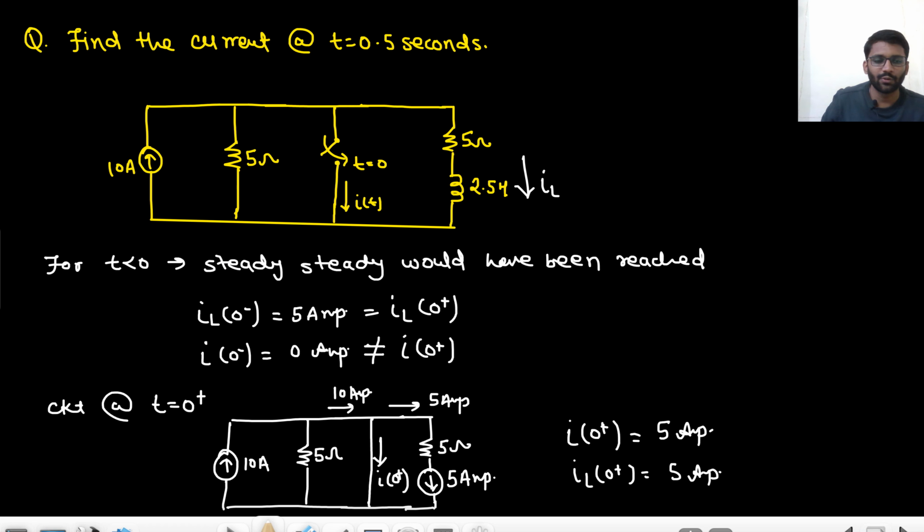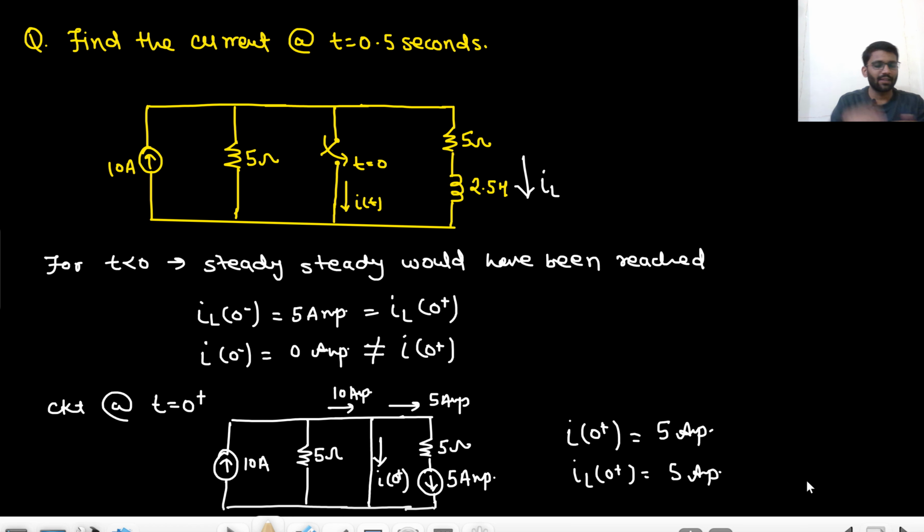What did we do in this problem? Simple problem. First we needed to solve for t less than 0. For t less than 0, the switch was open, so at steady state it will be having 5 ampere current. Now this 5 ampere current in the inductor will be carried forward. So at t equals to 0 plus, here I am having 5 ampere current, here I am having 10 ampere current.